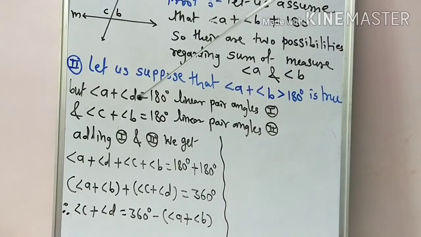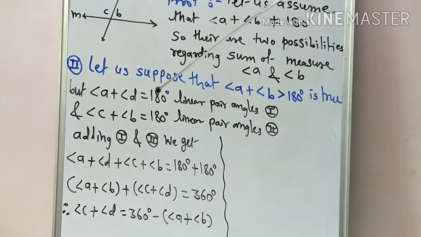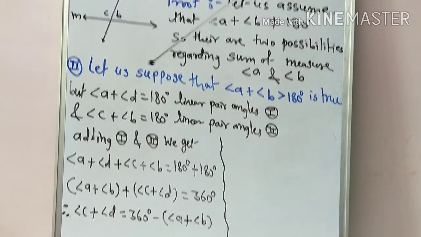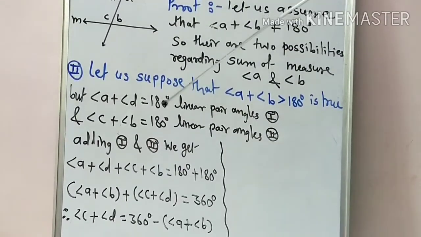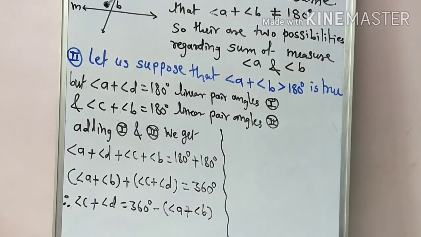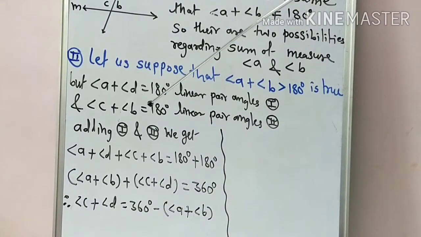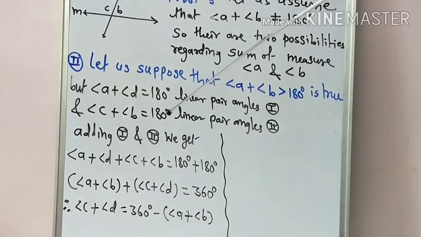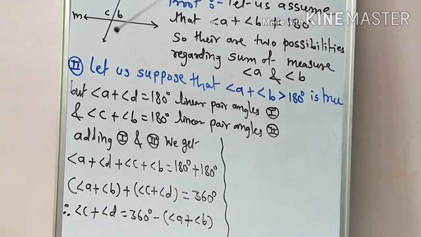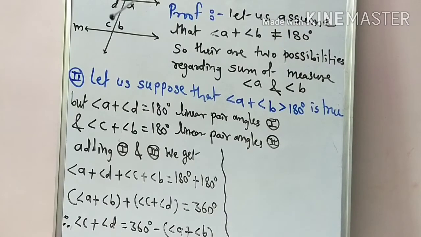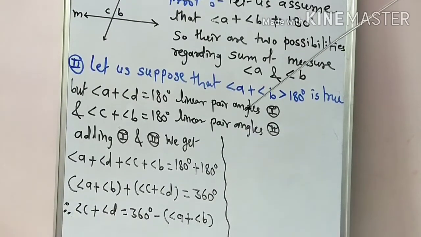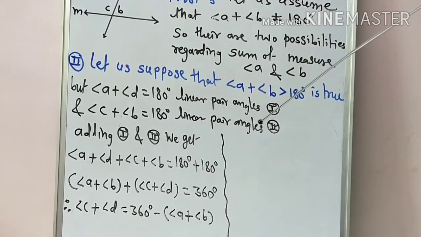So here we are taking that the sum of linear pair angles is 180. Angle A and angle D, the first pair of linear angles, the sum is 180 degree, and similarly for angle C and angle B, that sum is 180 degree. Okay, and now what we do here, as we have to prove that angle C plus angle D less than 180 degree, we require this addition, and for that we add the first and second equation.